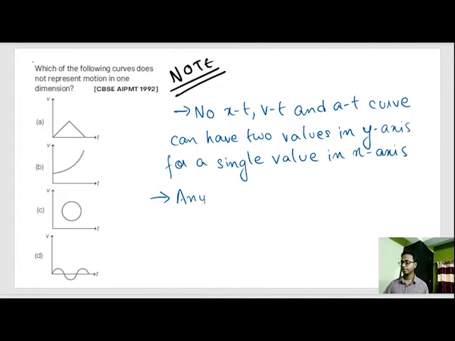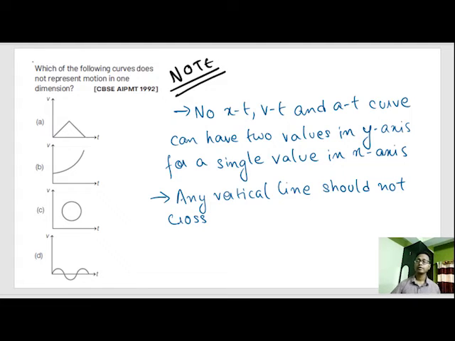Any vertical line should not cross the curve more than one time. Let's make a positive statement: it should cross the curve exactly once.